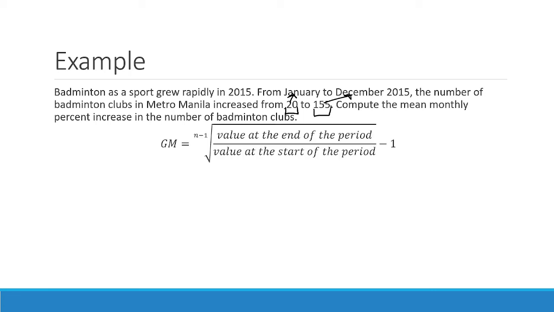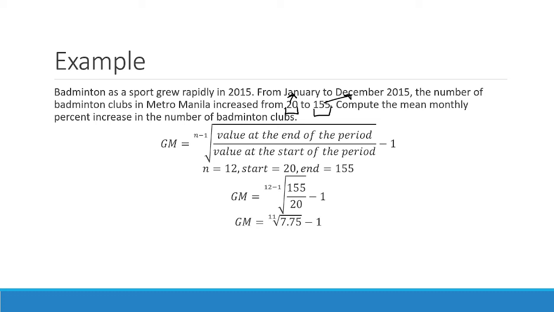So, in that, we will be using this formula wherein our geometric mean is equal to the n minus 1 root of the quotient of the value at the end of the period and the value at the start of the period, minus 1. So, this n will be 12. The start is 20. End is 155. So, we have here our 12 minus 1 root of 155 over 20 minus 1.